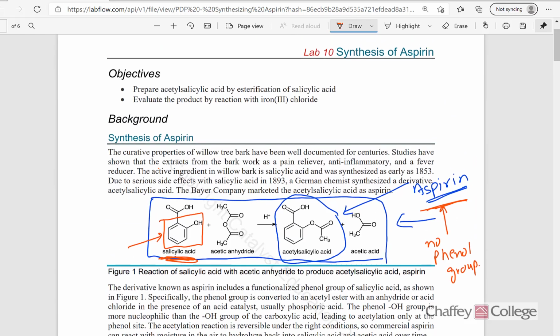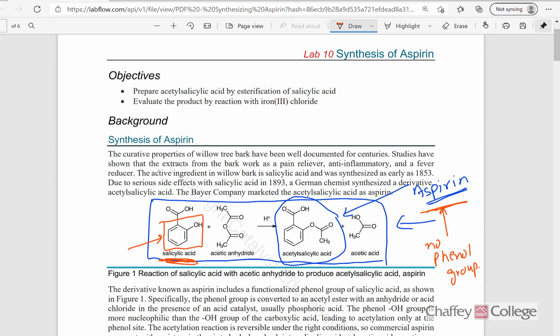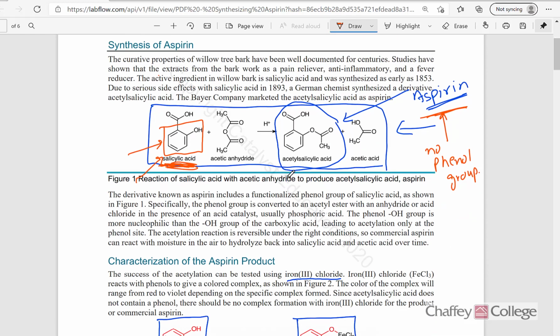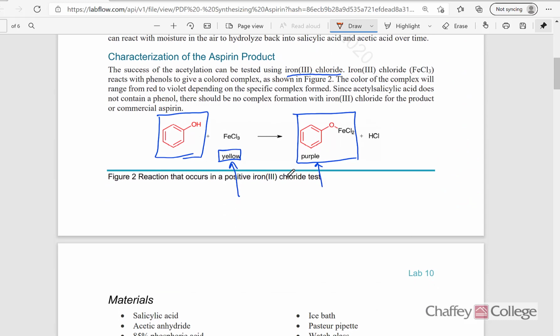But imagine if our reaction is not complete, maybe only 50% is complete. In that case, half of salicylic acid has reacted and half has not. The percentage which has not reacted yet will react with iron 3 chloride and it will change the color.